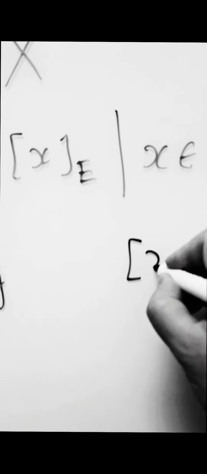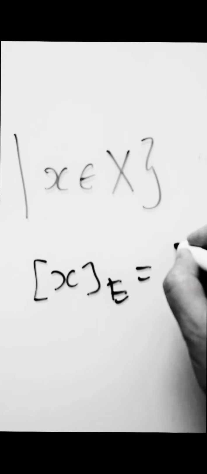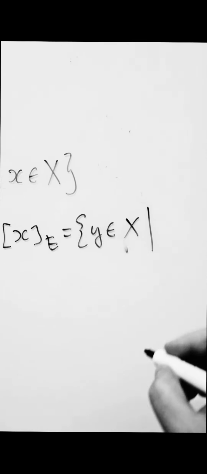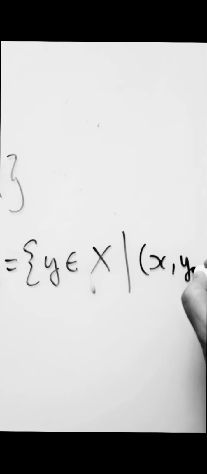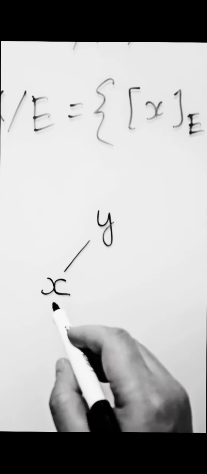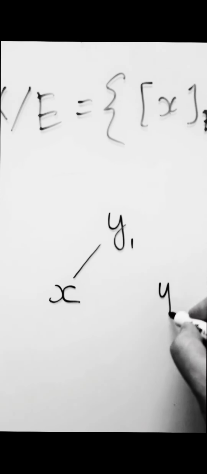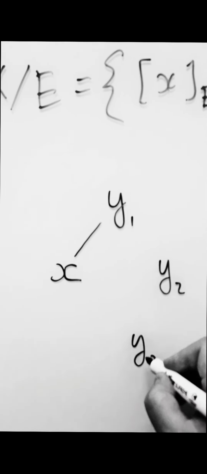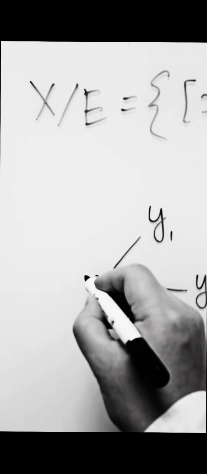Recall that the equivalence class of an element x is the set of all the y's in the given set X that are related to x by the equivalence relation. That means that to form an equivalence class of x visually, we would have to collect all possible y values that are connected with x by a line.